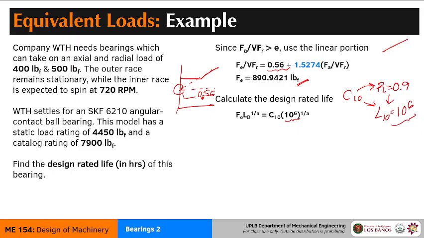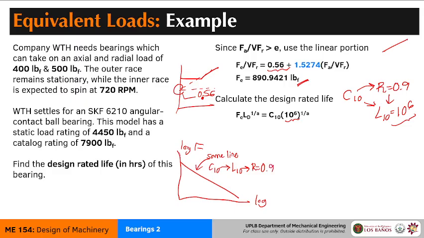So again, if you are using C10, this is log life, log F, log L, I suppose. Oh, right, yeah, it's log L. As long as you're on the same line, C10 is associated with L10, is associated with R equals 0.9.